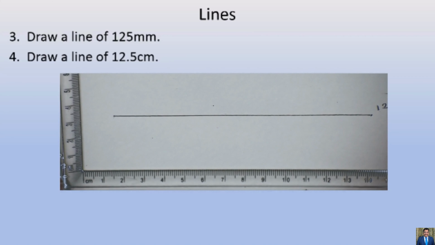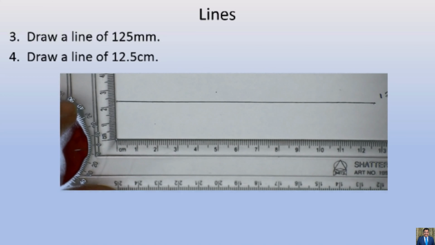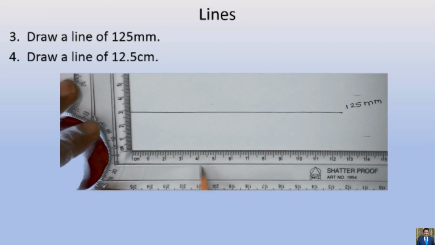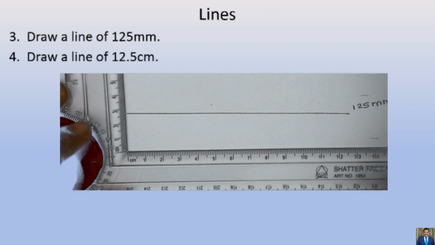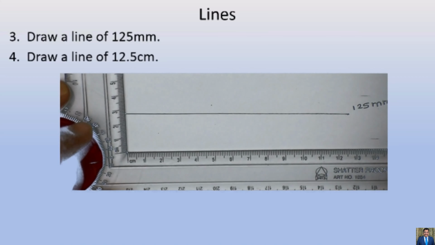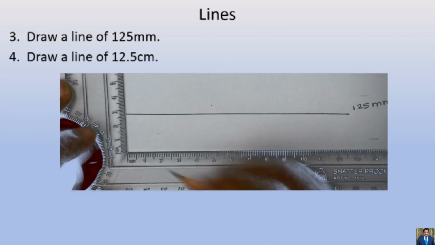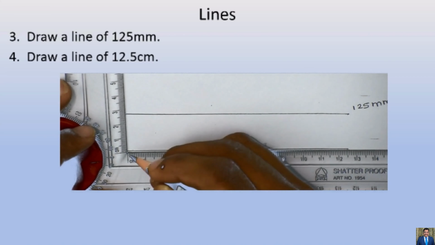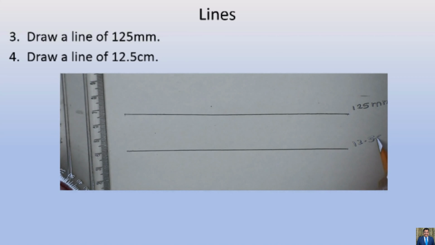I'll write here 125 millimeter. And our fourth question, 12.5 centimeters. So I will count the centimeters, between 12 and 13. Again the same thing here. So between 12 and 13, 12.5. From the start I've taken the 12.5 centimeter distance.